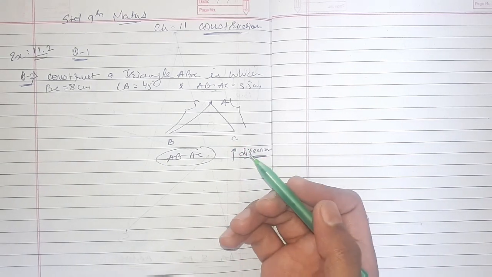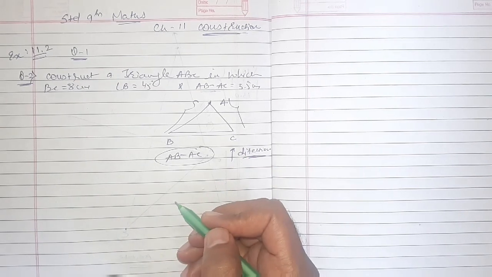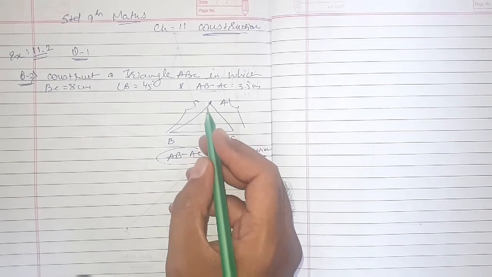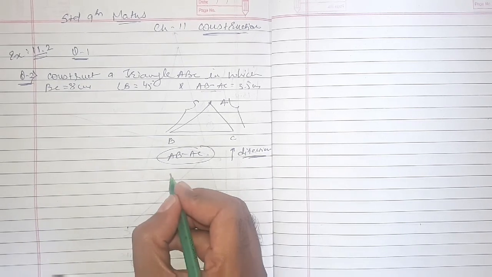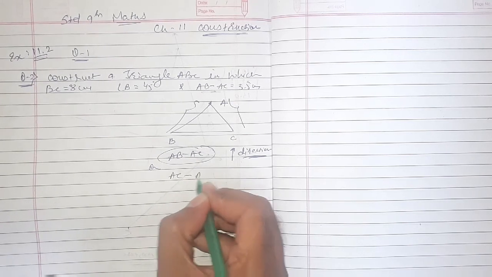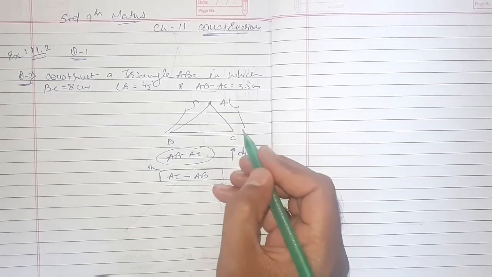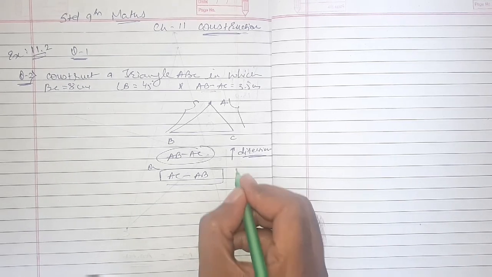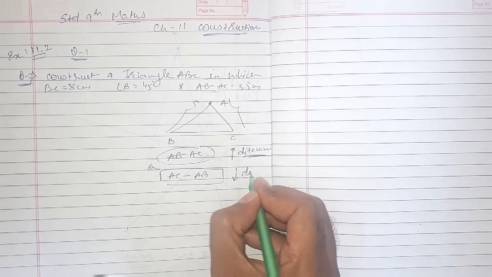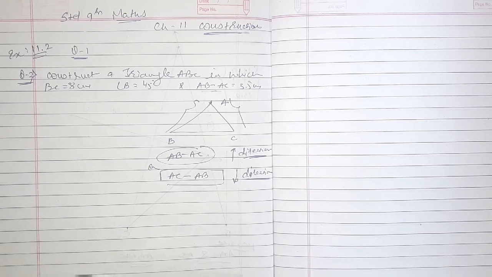So in which condition do we draw upward and in which downward? If AB minus AC is given, we draw upward. If AC minus AB is given, right hand side minus left hand side, we draw downward direction. Clear?